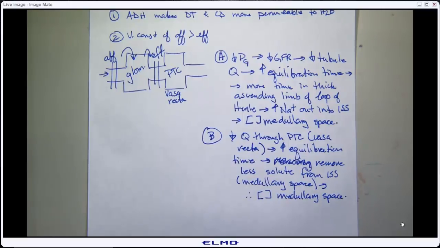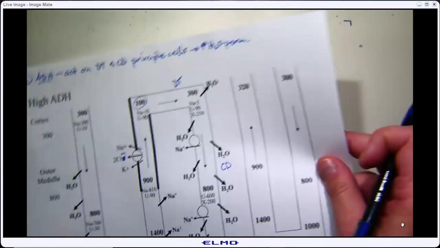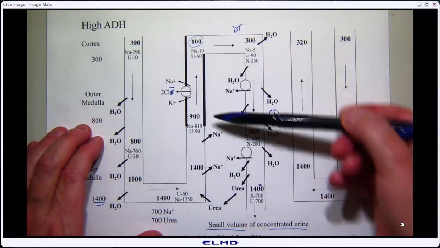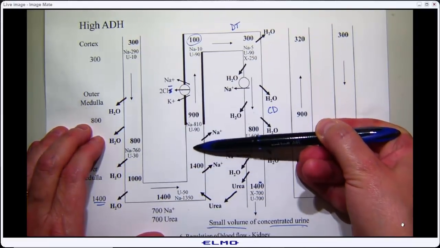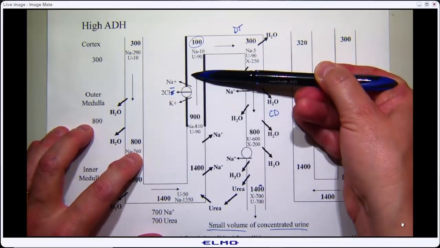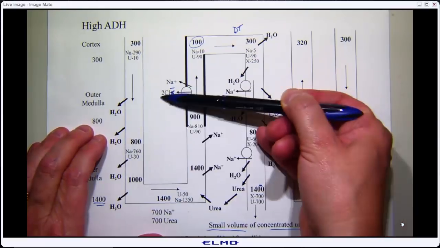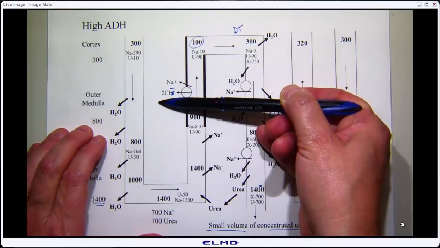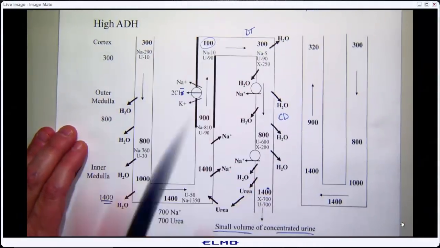Where's it gone? Oh, here it is. Okay, so let's take a look at that argument for a minute. It's a bit tricky. Okay, so now what we've done is we've slowed flow past the thick ascending limb, right? So we've allowed more sodium and chloride and potassium to move out into this interstitial space. Okay, then we've got that vasa recta sitting over on top of this.